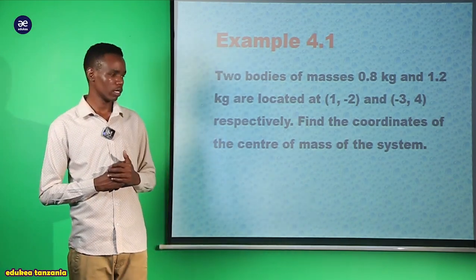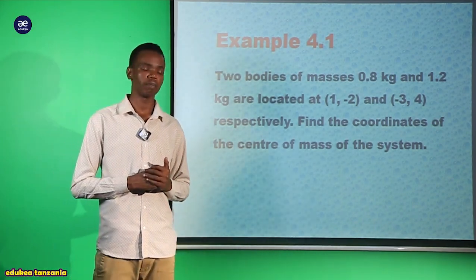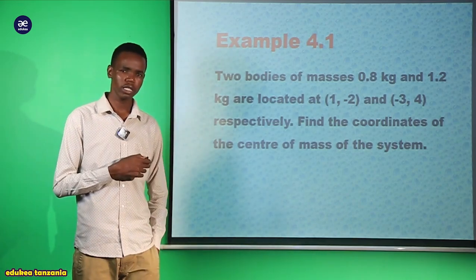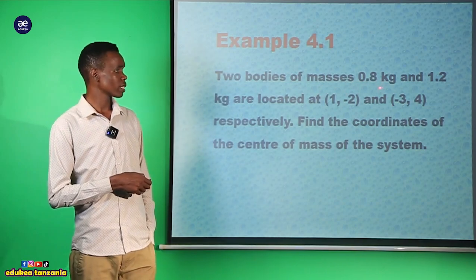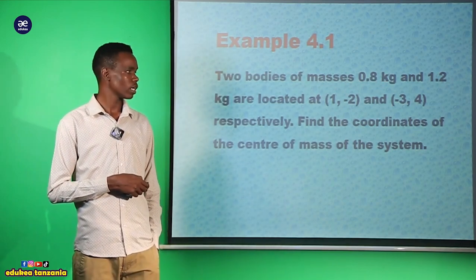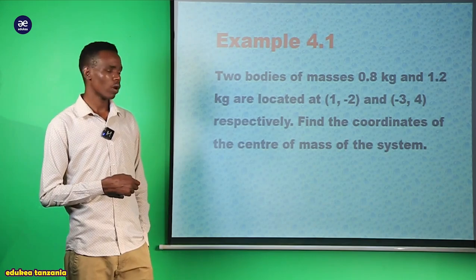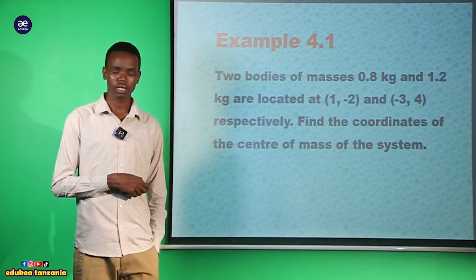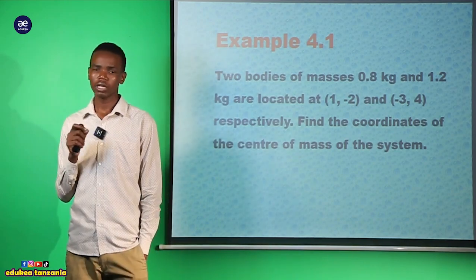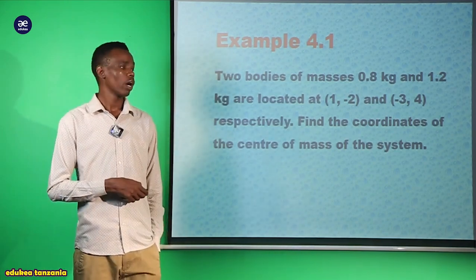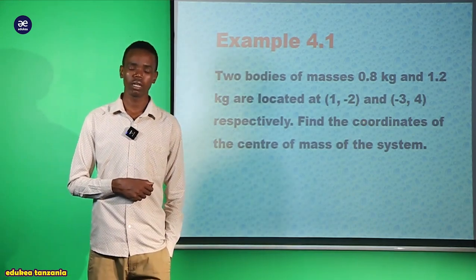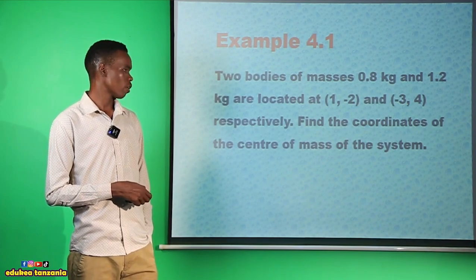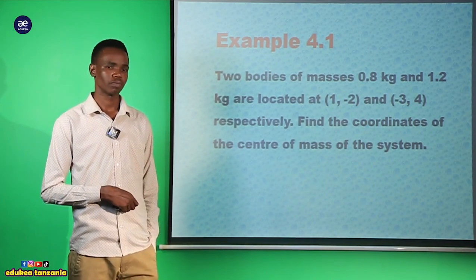Our question says that two bodies of masses 0.8 kilogram and 1.2 kilogram are located at the coordinates (1, -2) and (-3, 4) respectively. Find the coordinate of the center of mass of the system.